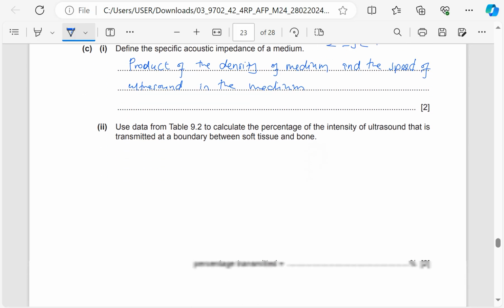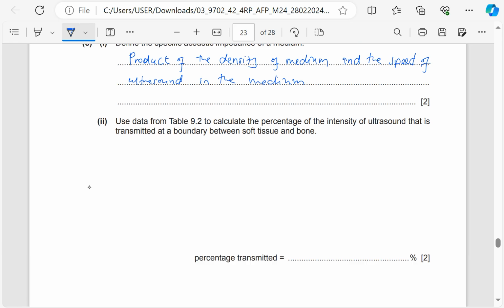Use data from the table to calculate the percentage of the intensity of ultrasound that is transmitted at the boundary. Every time we see at the boundary, we want transmitted, not reflected. So fraction reflected, that is the intensity reflection coefficient, which you normally represent as alpha, or I R over I naught, is the same as Z2 minus Z1 over Z2 plus Z1, and this is always squared.